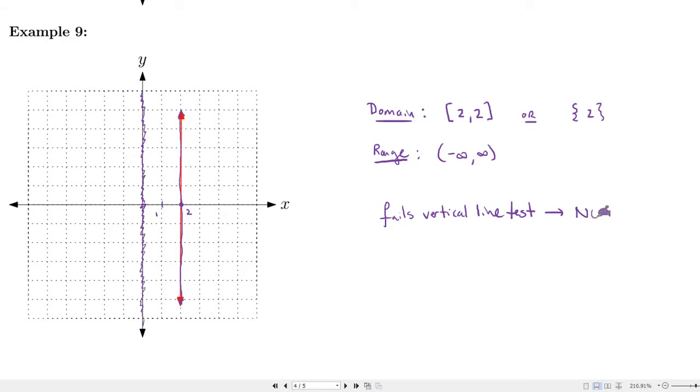So it is not a function. Okay. Now we have an equation that describes that situation. Just because it's not a function doesn't mean there isn't an equation that describes the situation. I could just describe this with x equals 2, and that gives me this vertical line, as we have seen before. But by our definitions, this is not a function. This is not the graph of a function. Okay?